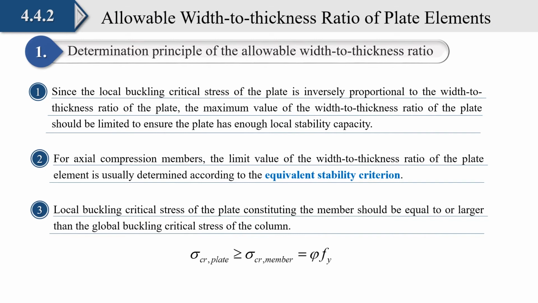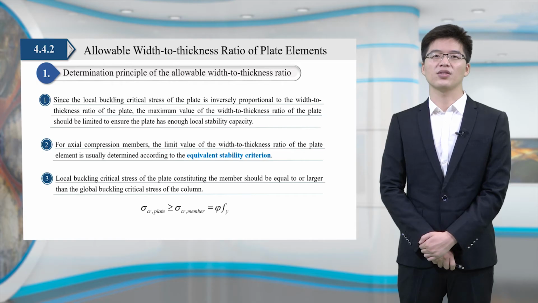This criteria requires the local buckling critical stress of the plate constituting the axial compression member to be equal to or larger than the overall stability critical stress of the column. Thus, no local buckling would occur before the overall instability happens.